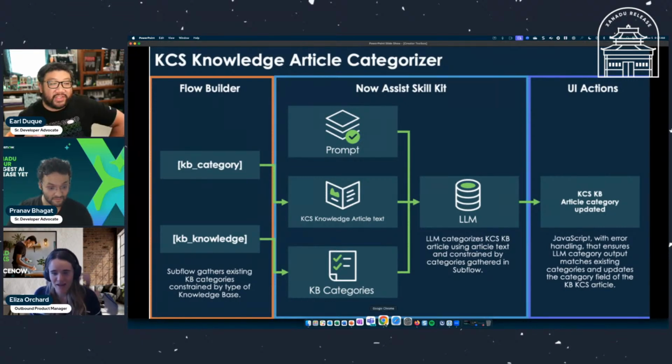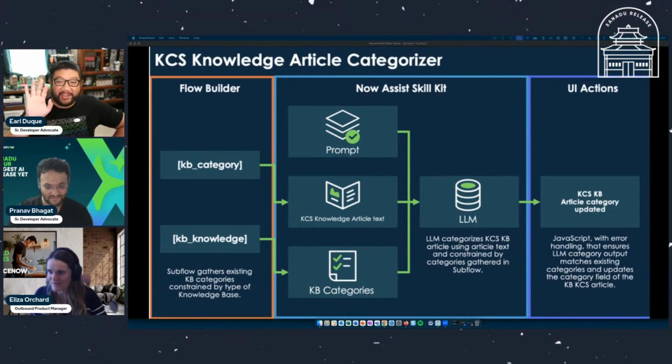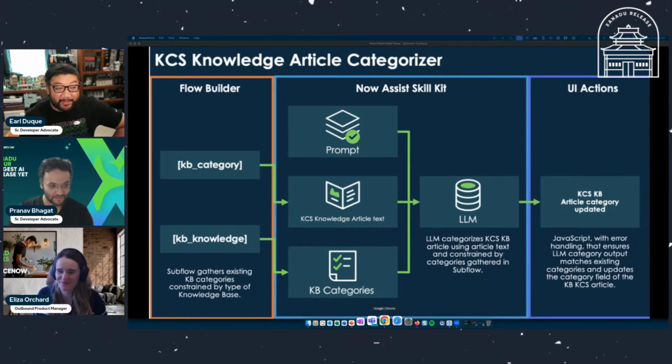I also want to just give Eliza some flowers for, like, whenever she does this demo or talks about Now It's a Skill Kit, she always uses a different use case and different example to demo. And that's not very common amongst product managers, because it's more work if you keep changing it up. But Eliza, every time she does an academy or a live stream, always uses a different example. So big kudos to Eliza for going the extra mile whenever presenting this stuff.